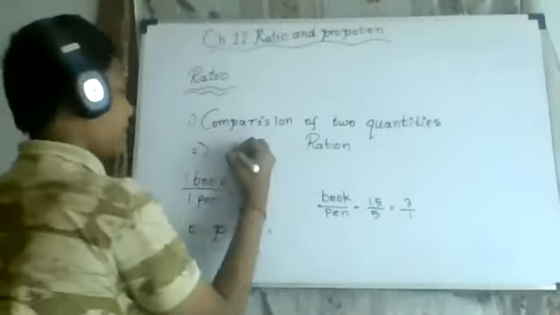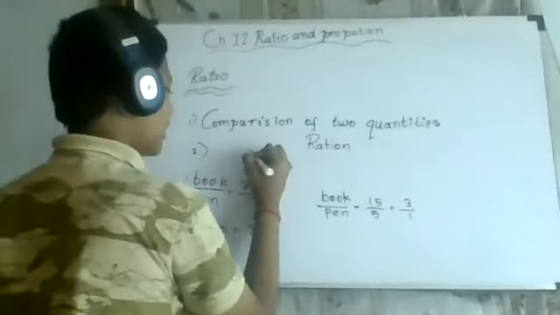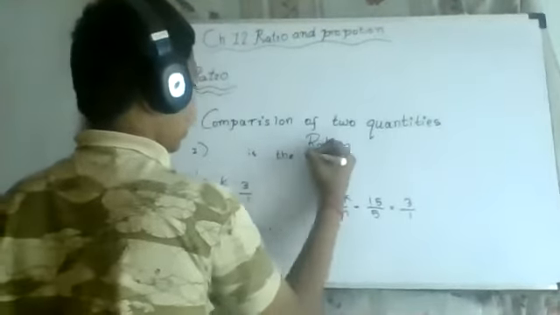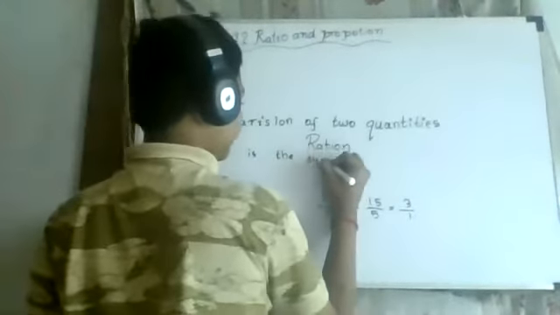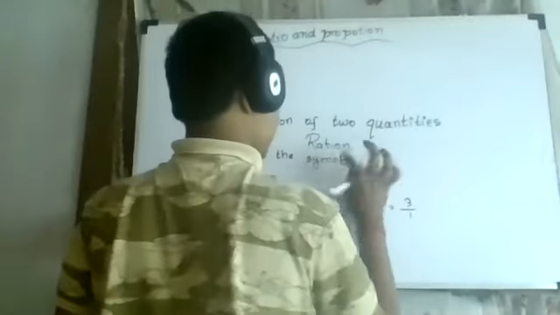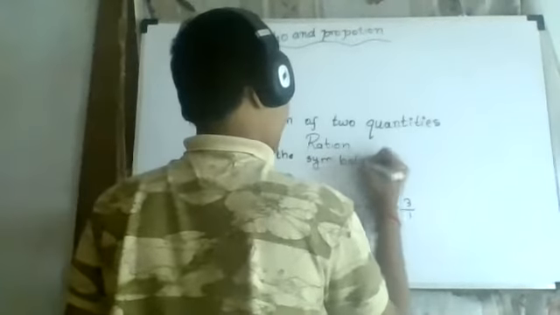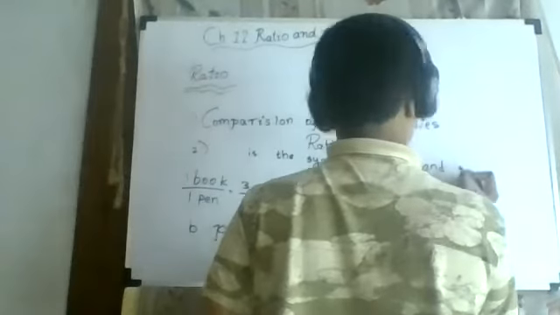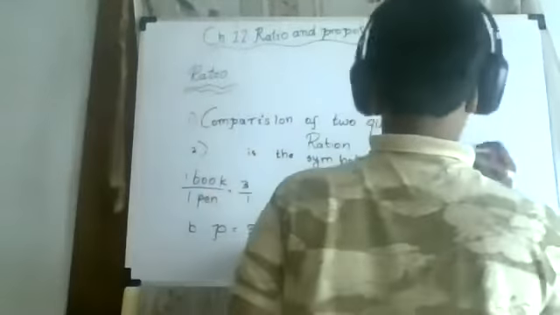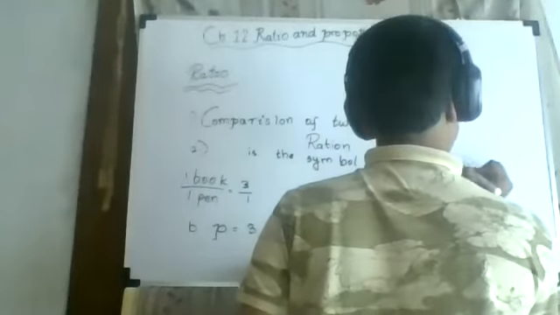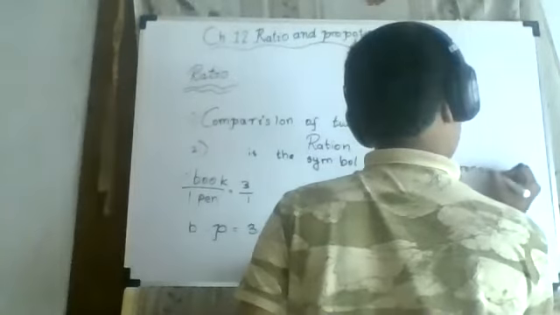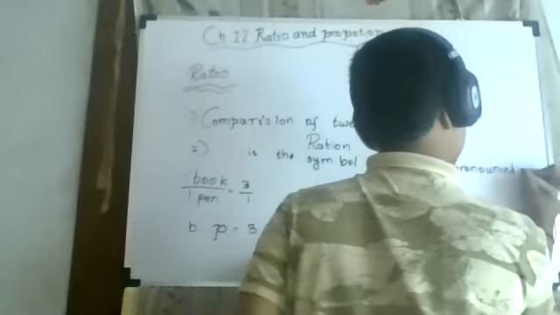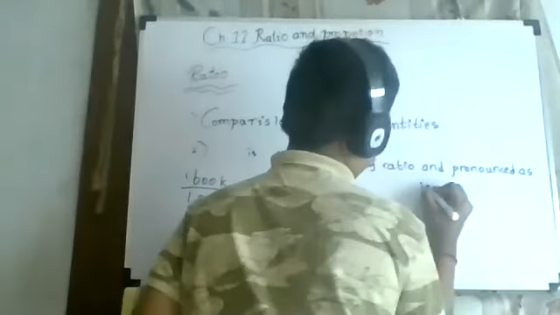The second point is that the colon is the symbol of ratio, and it is pronounced as 'is to'.